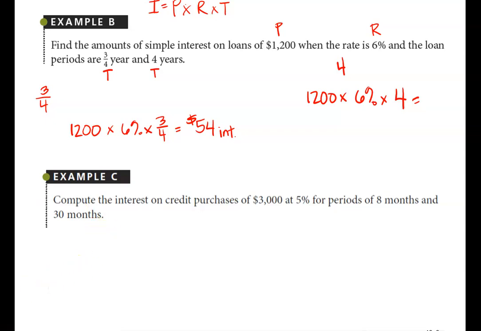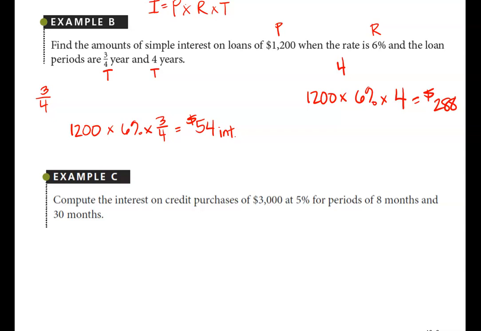And so this equals $288 in interest. We can immediately see here that even if the principal and the rate are the same, the longer you have to pay back a loan, the more interest you're going to need to pay back.